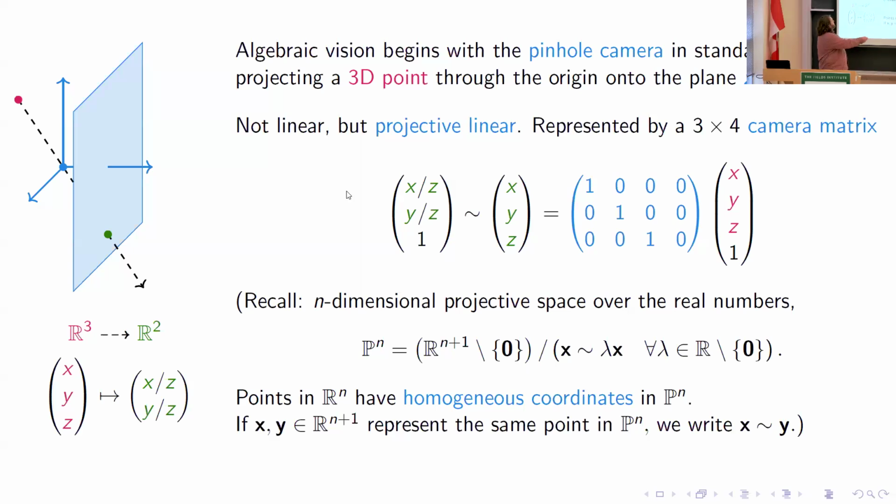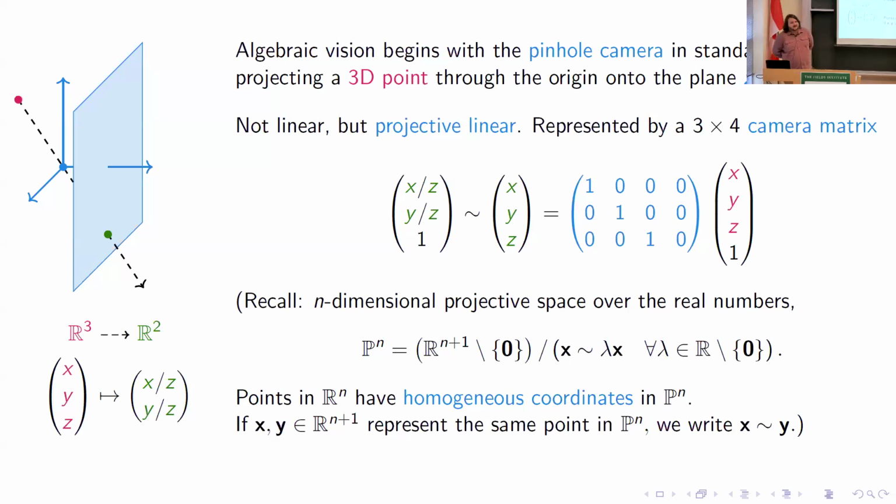So if I write this projected point, that's this green point here, in homogeneous coordinates, then I can write this point in homogeneous coordinates. I think most people in the audience know how to do this. Then that's equal up to scale to just the original point that you started with, (x, y, z), but now you're thinking of it as a point in P2. So I'll be using this symbol, sim, to denote when two vectors represent the same point in projective space.